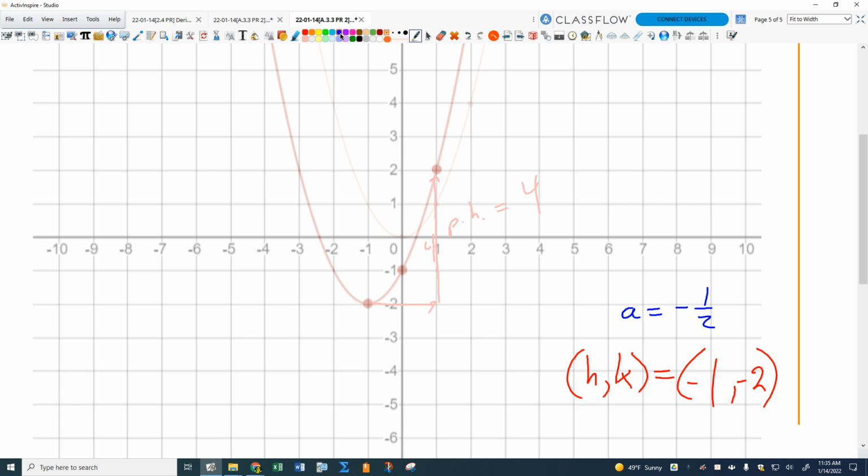So again, our recipe is dilated height equals A times parent height.